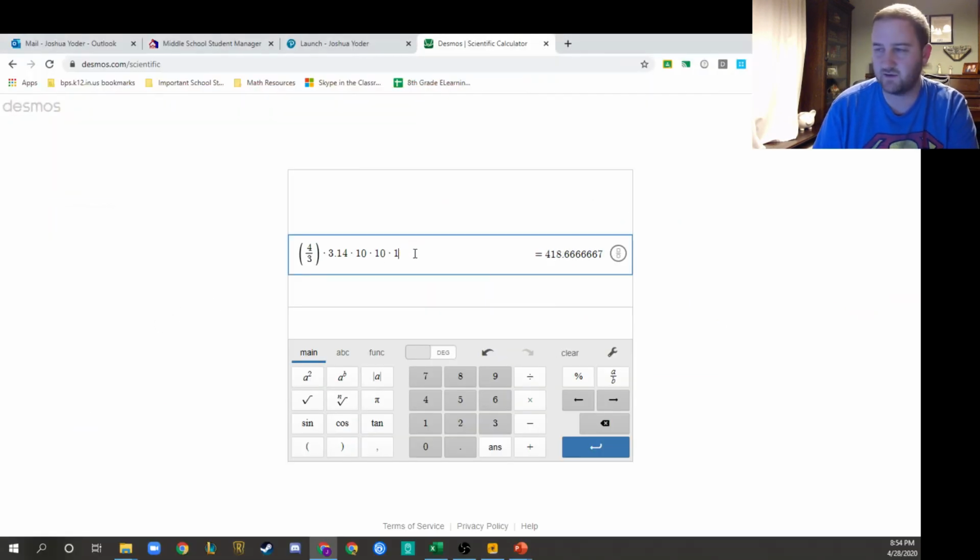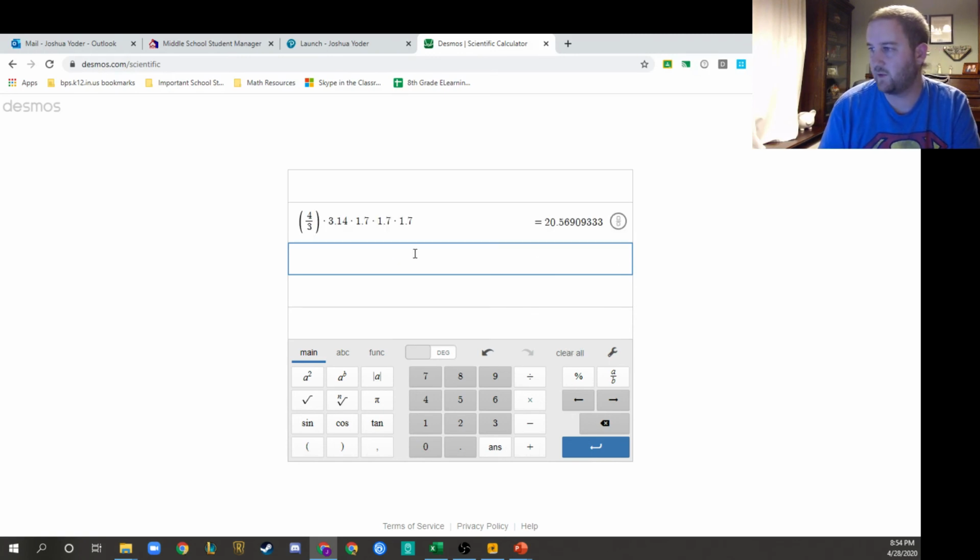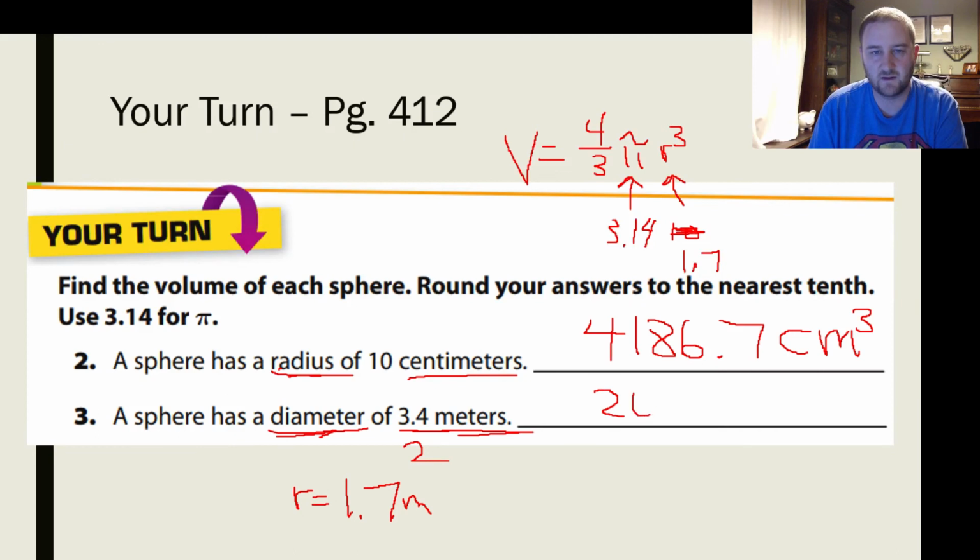We're going to change each of our radius numbers to 1.7 times 1.7 times 1.7. And we get 20.56. The 6 is going to round the 5 up, so it's going to be 20.6. And then our label is going to be meters cubed.